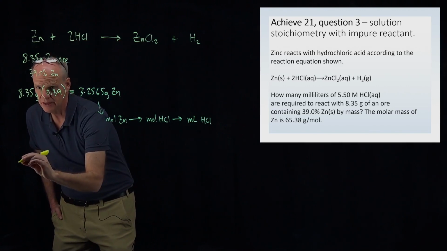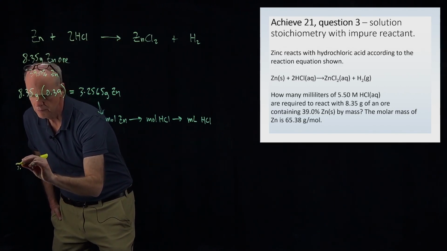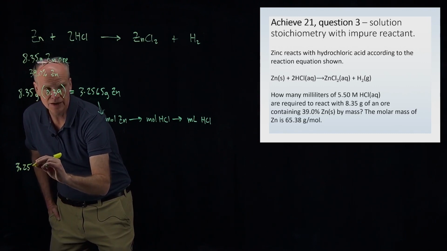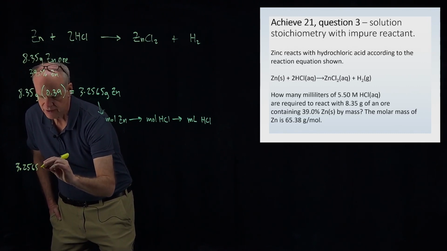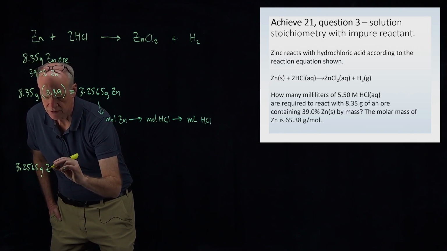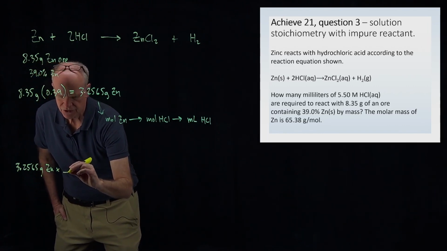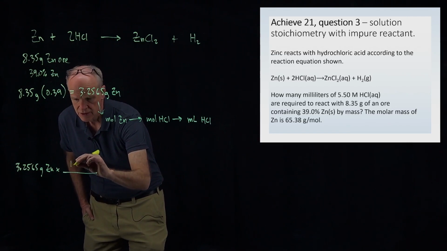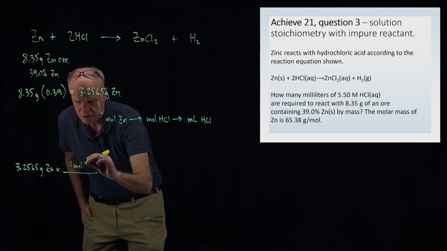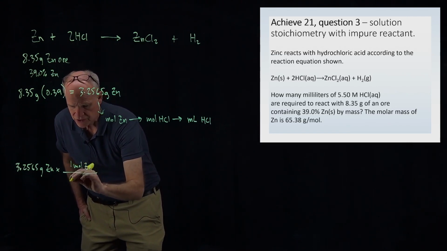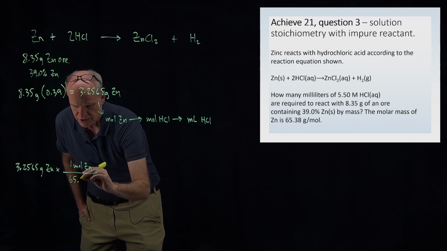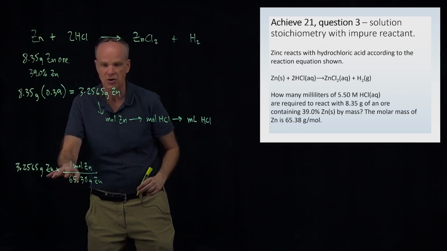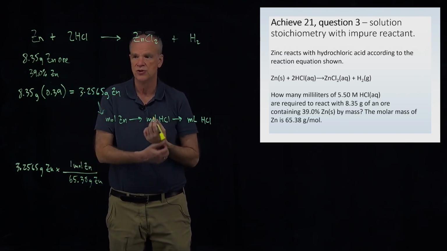So I have 3.2565 grams of zinc times 1 mole zinc over 65.38 grams of zinc. That's the molar mass there, and so now I'm getting into moles of zinc.